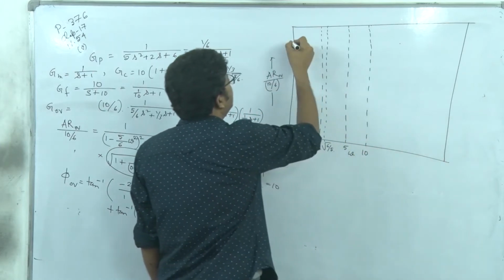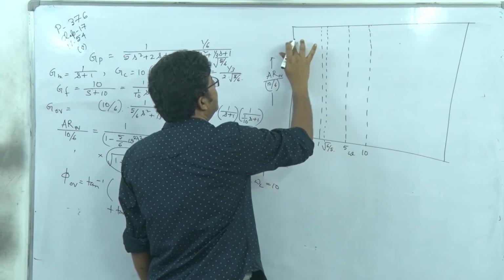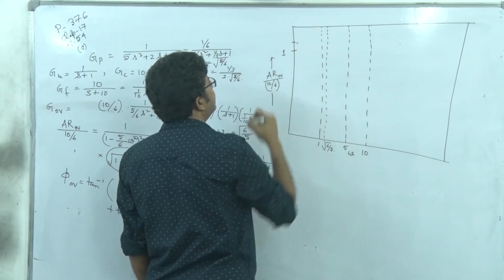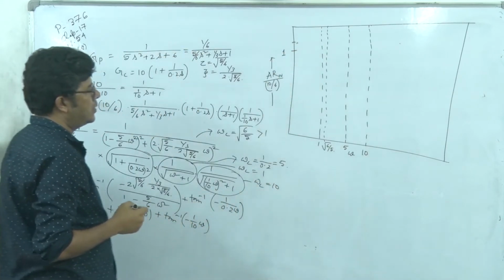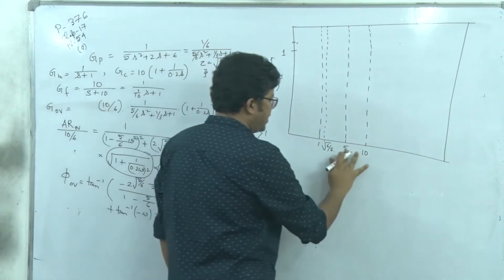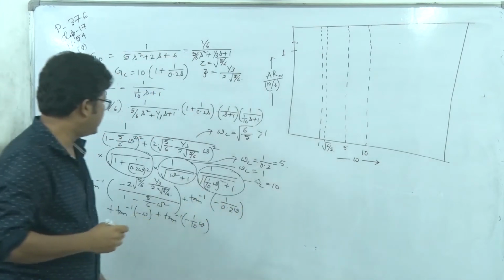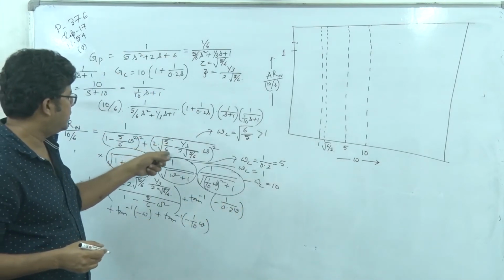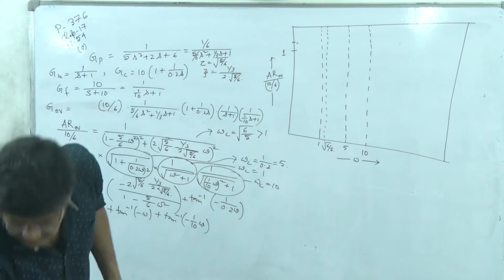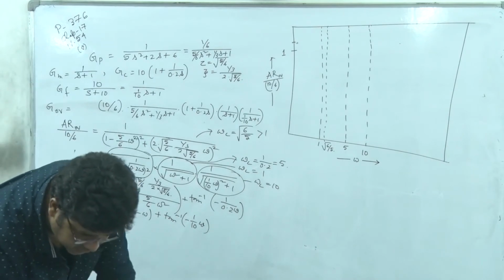Right? And this is 1. Okay. And this is the omega axis. Now the first process is a second order process with root 5 by 6. So let's draw it using a different color.